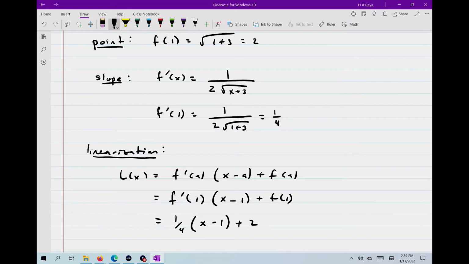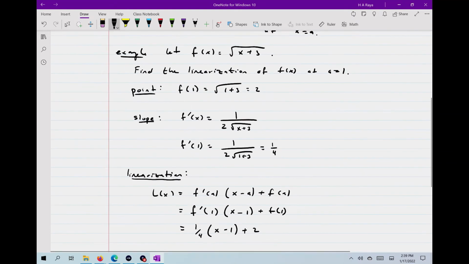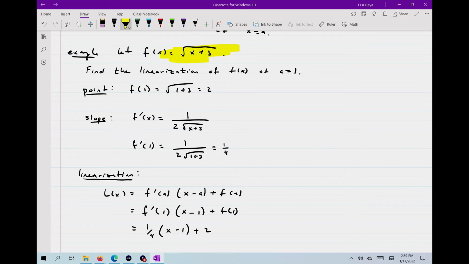So this would be the equation for our linearization. So again, the aim is to be able to approximate our function, square root of x plus 3, with this linear function, 1/4 x minus 1 plus 2. We can open up a graphical utility and graph both of these to convince ourselves that our line is a good approximation to the square root of x plus 3.